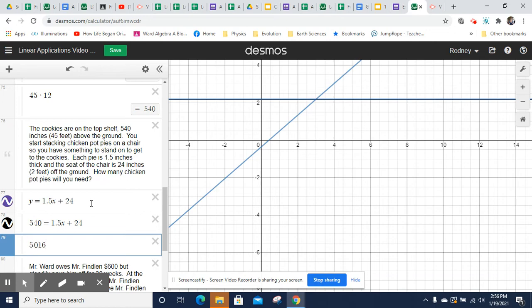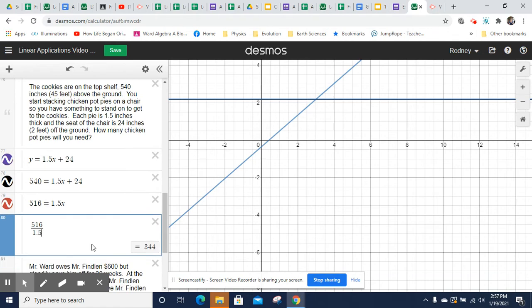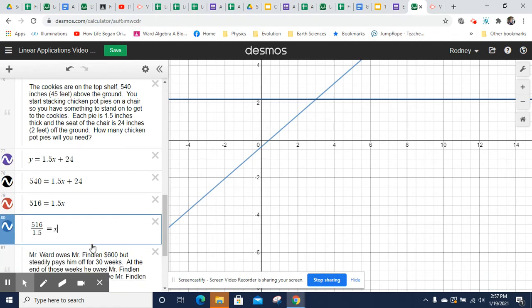Because I subtracted 24 from both sides, this 24 goes away. 540 minus 24 is 516. So 516 equals 1.5x. And then we divide both sides by 1.5. So 516 divided by 1.5 equals x.